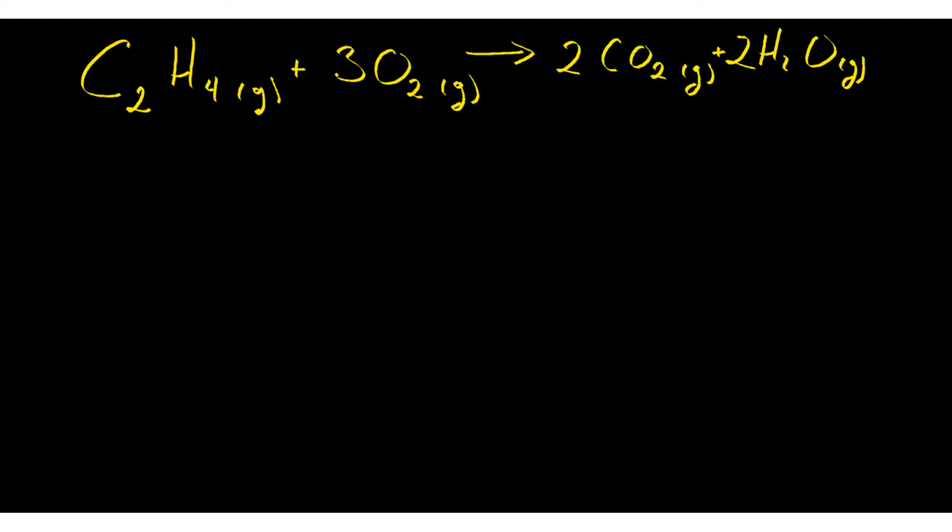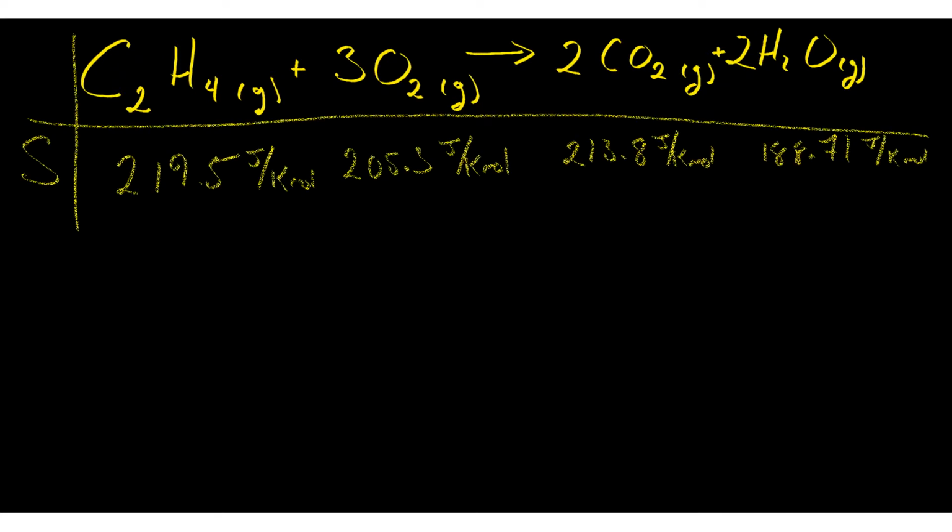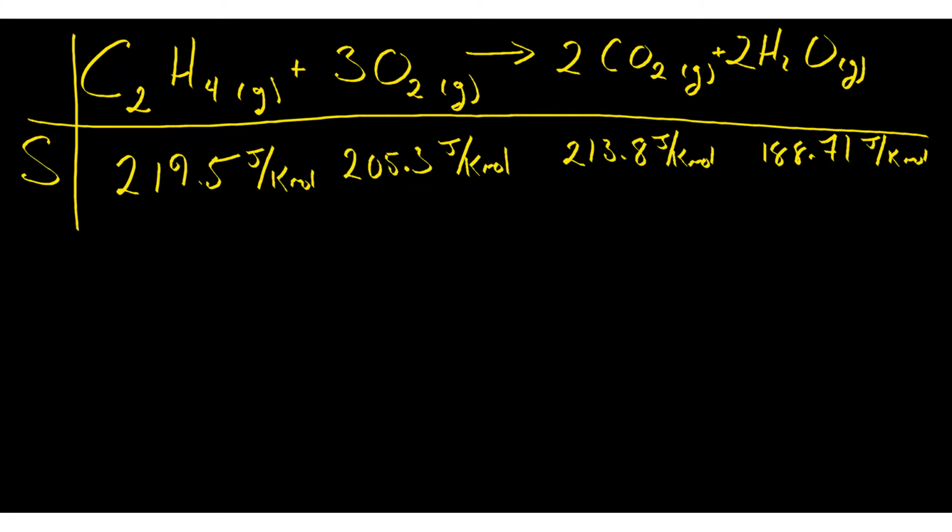Now, in your textbook, in chapter 16 there is a table with a bunch of entropy values on it. And this is where I got those numbers from, straight out of your textbook. But be careful if you do this sort of problem. Find the correct entropy value, because the entropy value will change depending on if you're looking at a solid or liquid or a gas.